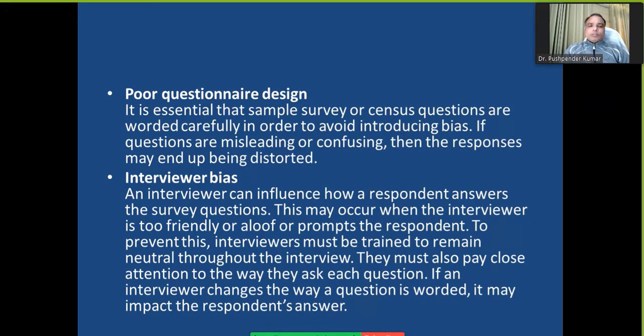So interviewers must also pay close attention to the way they ask each question. If an interviewer changes the way a question is worded, it may impact the respondent's answer. So many times participants in a debate respond, "Don't put your words in my mouth," right?